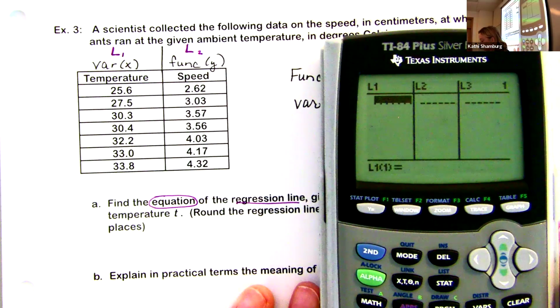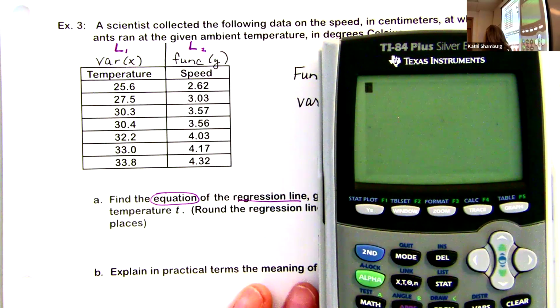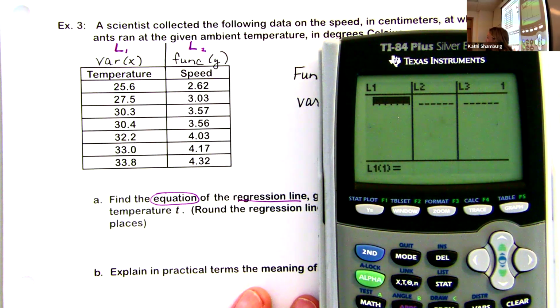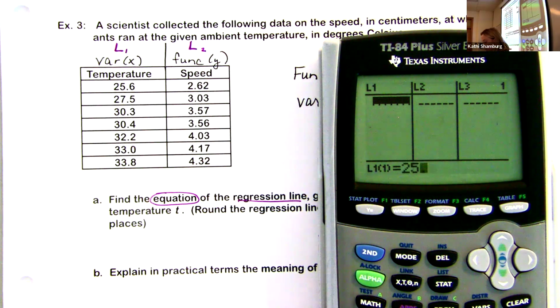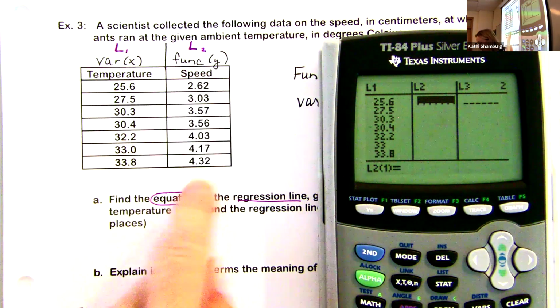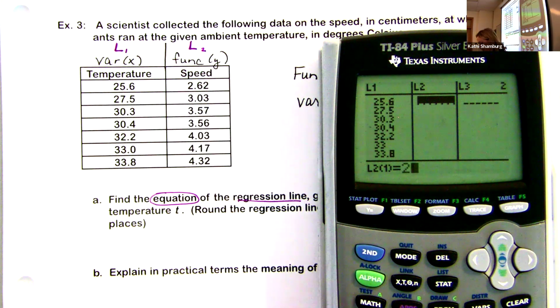Okay, so to get to your list, it's stat 1. And then put in these values for your variable. And then right arrow over and put in your function values.